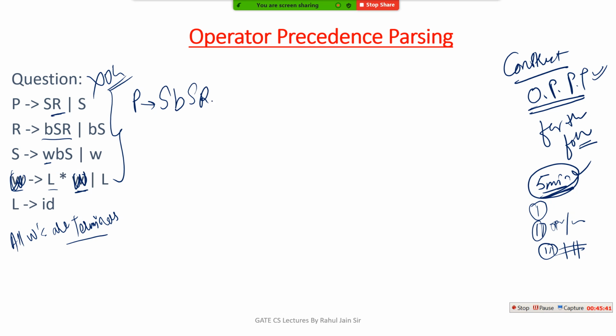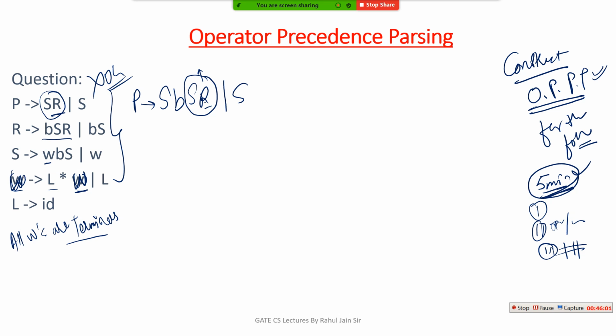S R, and then I am getting S, but you will say that here SR would be there, and again I am getting SR. It is a recursively defining production, because if I replace this R again, I will again get SR. If I replace this R, I will again get SR, isn't it, guys?